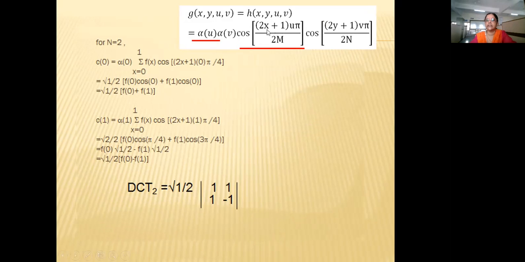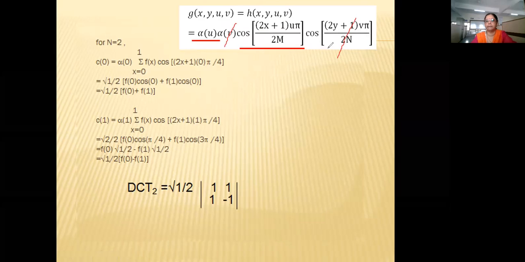Now, when we are considering a one dimensional signal, instead of g(x,y) we simply need g(x,u), right? So g(x,u) is given by these two terms, alpha u multiplied by cos of (2x plus 1) u pi by 2m, and the alpha v term won't be there.